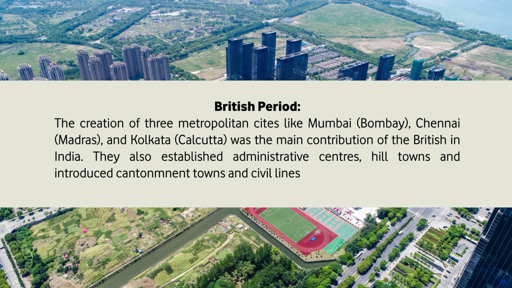They also established the administrative centers, hill towns, and introduced the cantonment towns and the civil lines. Several industrial towns and cities like Jamshedpur were also developed during the British period in India.